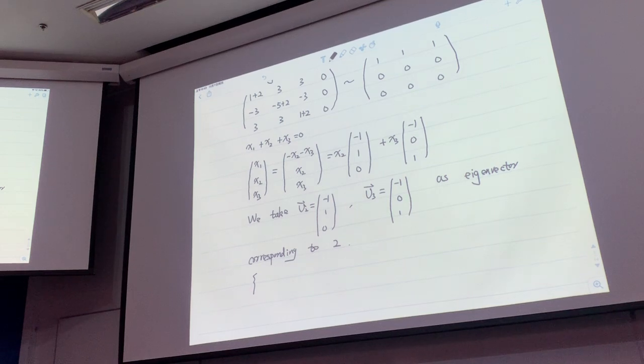And V1, V2, V3 are linearly independent. It's for sure. We proved this theorem in the last lecture. Do you remember? And in that theorem, actually, it is even more general. So V1, V2, V3 are linearly independent for sure.